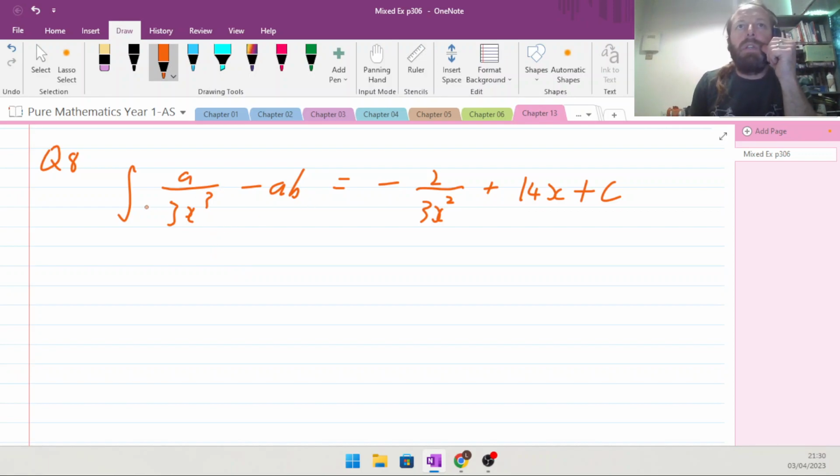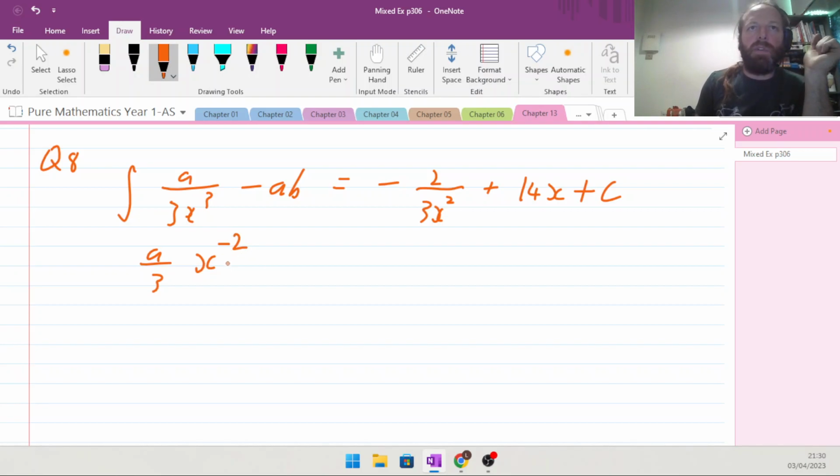Right, well, if we do the integration over here, this is a divided by 3, x to the minus 3. So that becomes a over 3, x to the minus 2, and we then divide by the old power.